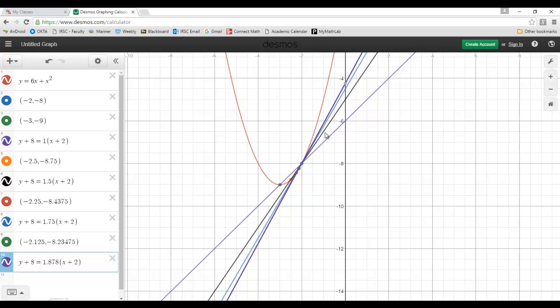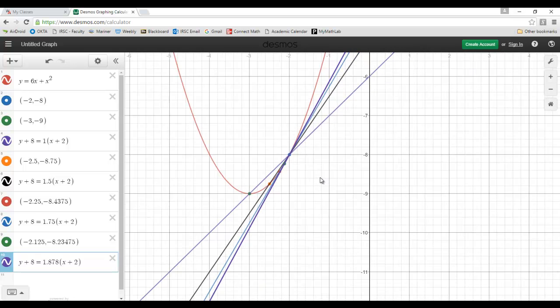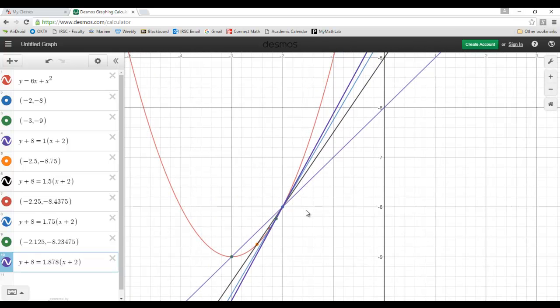Okay? And that's what we're going for here. So if I keep picking, let's see if I can zoom in here, if I keep picking points that are closer and closer to this blue point here, I'll get better and better approximations of my tangent line. Now, what do you notice here about the slopes?